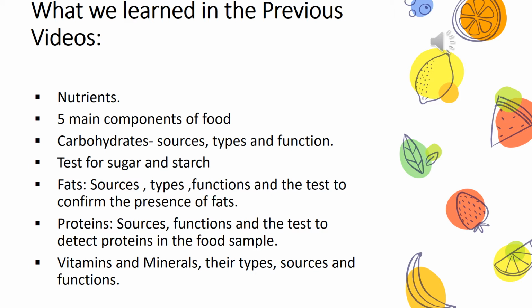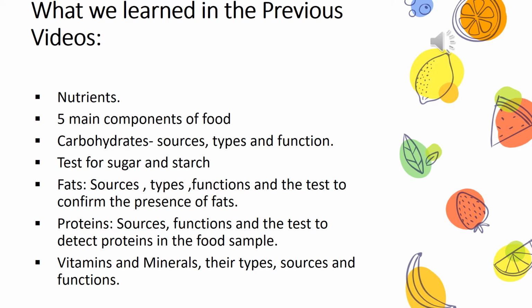We know that there are 5 main components of food, that is 5 main nutrients: carbohydrates, fats, proteins, vitamins and minerals. We have learned about their sources, their types and their functions. I hope it's all clear why these 5 main nutrients are required by the body, and what their types, functions and sources are.